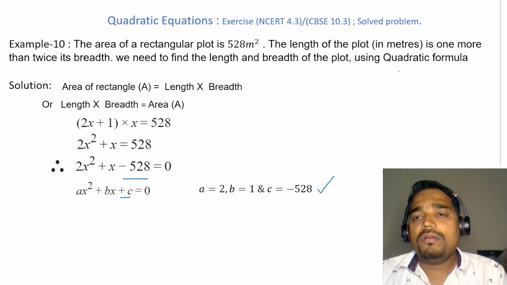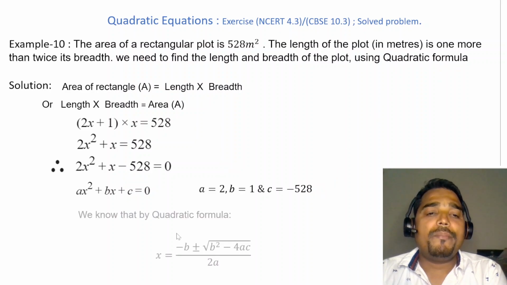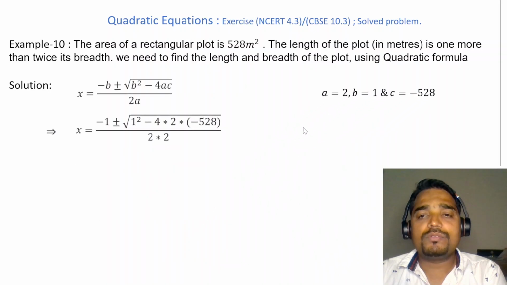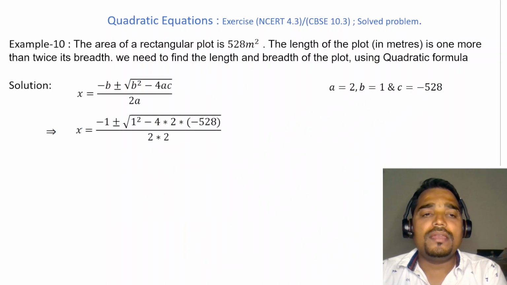Now, we know a formula called the quadratic formula, that is x is equal to minus b plus or minus square root of b square minus 4ac whole divided by 2a. Now, let us substitute the values of a, b and c in the quadratic formula, wherein for b I have substituted plus 1, a as 2, and c as minus 528.